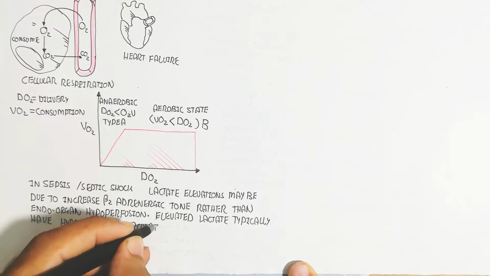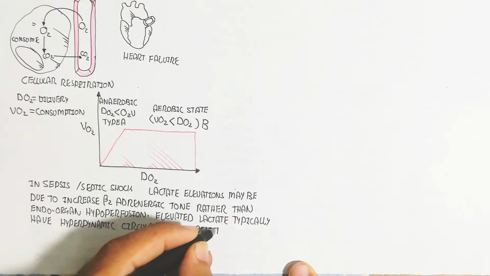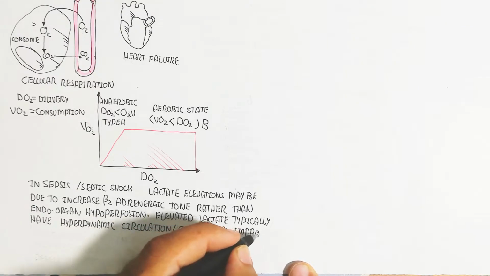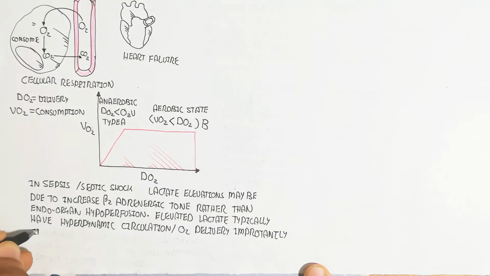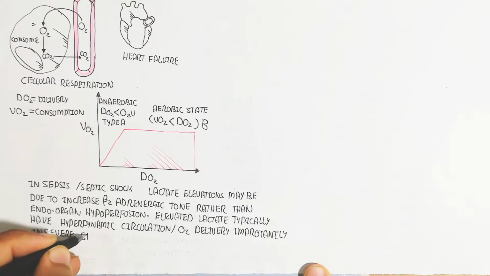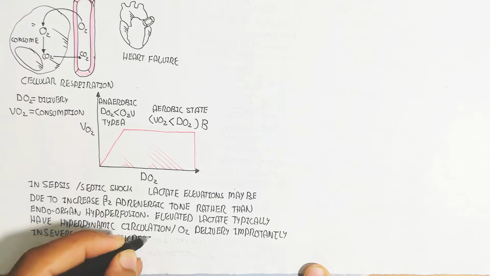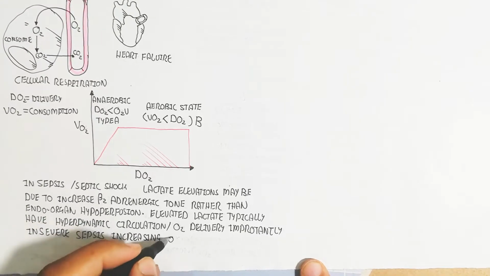Elevated lactate typically comes with hyperdynamic circulation, and in severe sepsis, increasing oxygen delivery may not increase oxygen consumption.